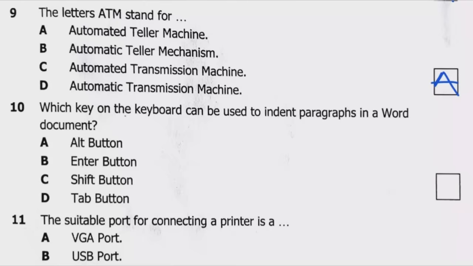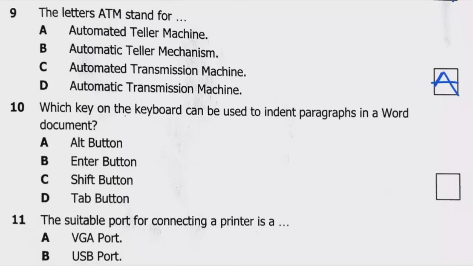Before we go any further, here we're just trying to identify the meaning of ATM. When we talk about automatic teller mechanism, it sounds similar, but this is not the correct term. Mechanism is a vague word and not used in the official name.